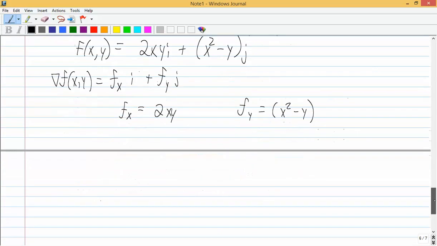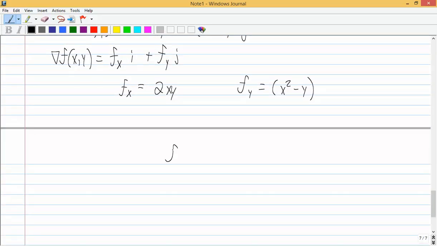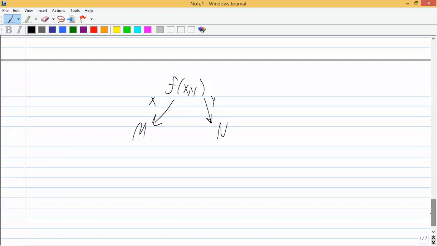The way that I explain this in differential equations is that you have some function f of x here. From that function, if you were to take the partial with respect to x, you get m. If you take the partial with respect to y, you get n. And so what we're doing is going backwards here, which we have to do with respect to x, but we pick up the y part when we do that. We pick up some function of y.